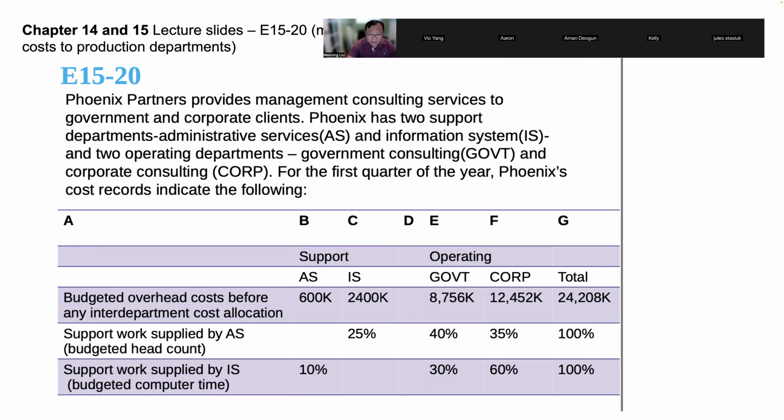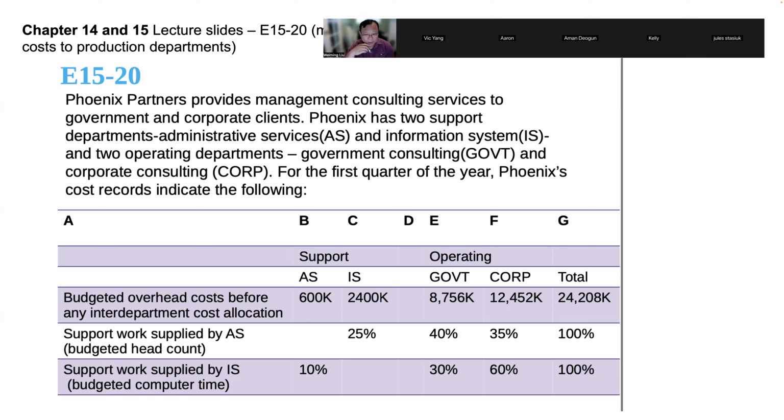So the question is about you have different departments in a company. You have supporting departments, right? You have other operating departments, right? So the idea is, how do we allocate the cost of the supporting department appropriately to the operating department, right?